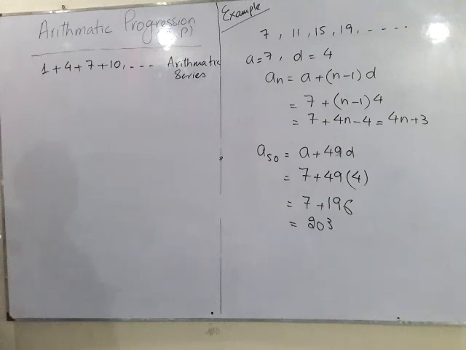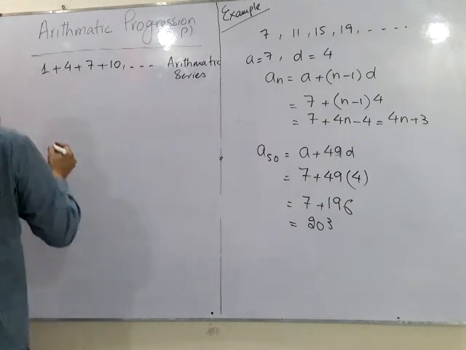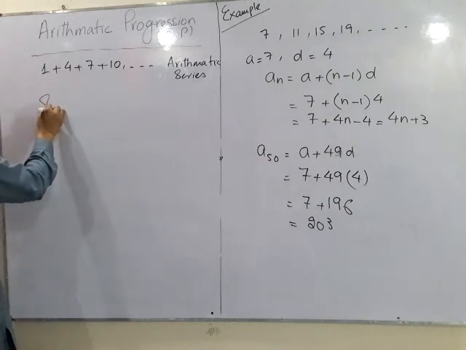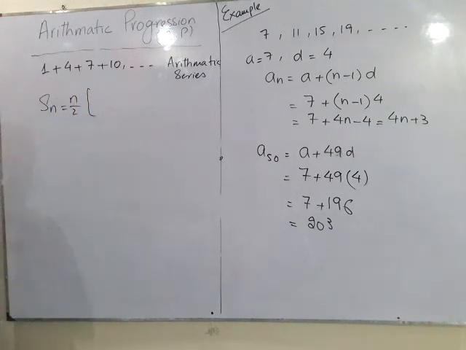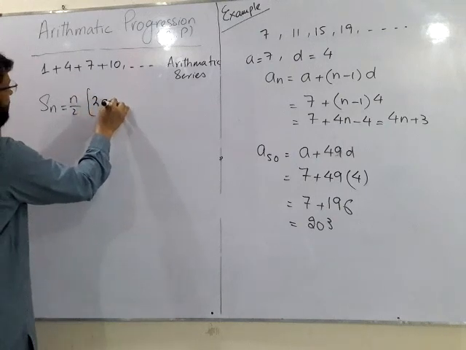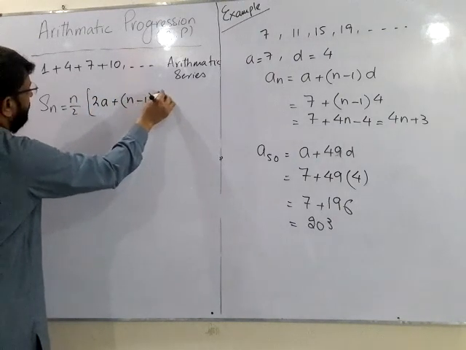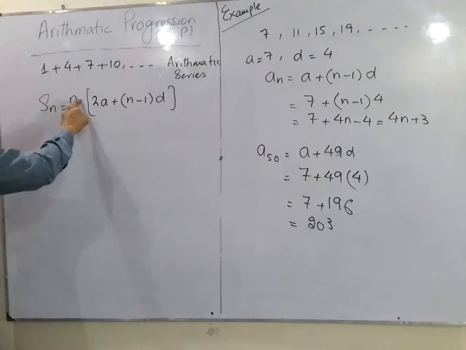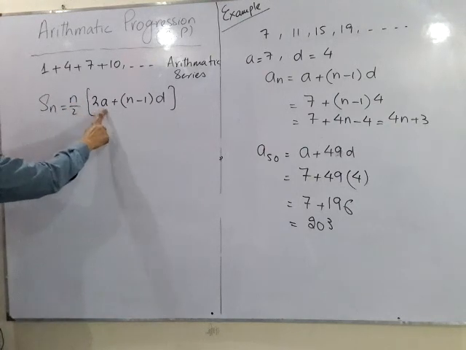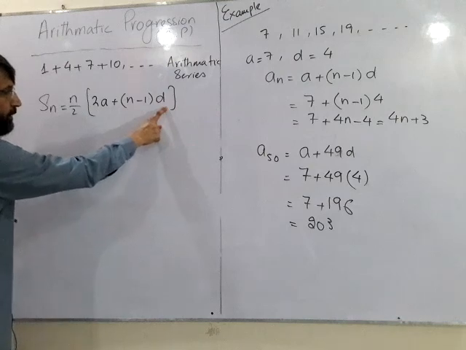For this series, we have a formula: Sn equals n over 2 into 2a plus n minus 1 into d, where Sn is the sum of the first n terms, maybe 10, 20, 30, 50, maybe 100. n is the number of terms, a is the first value, and d is the difference.